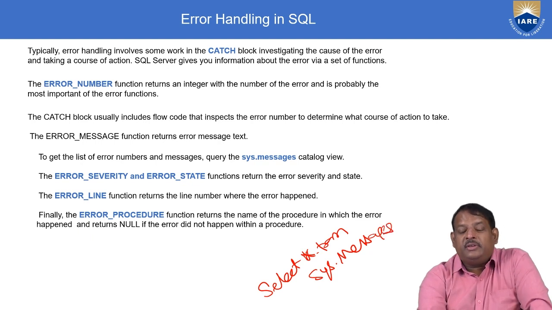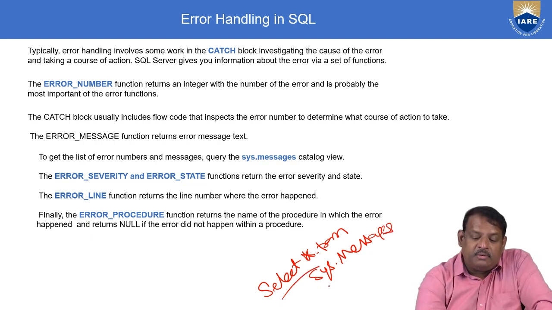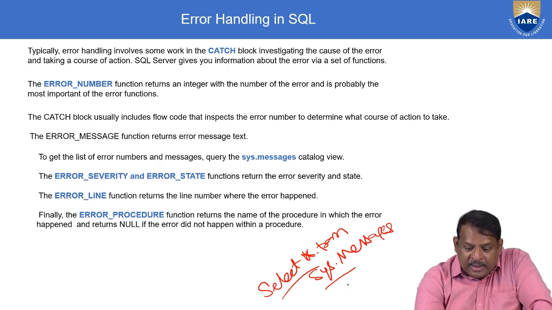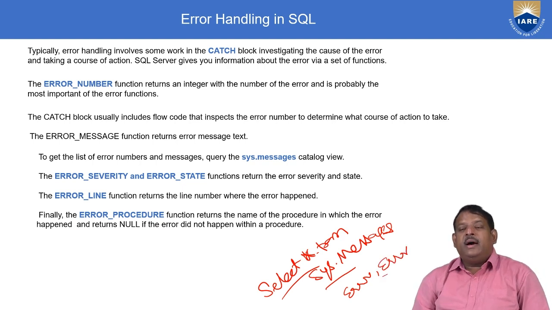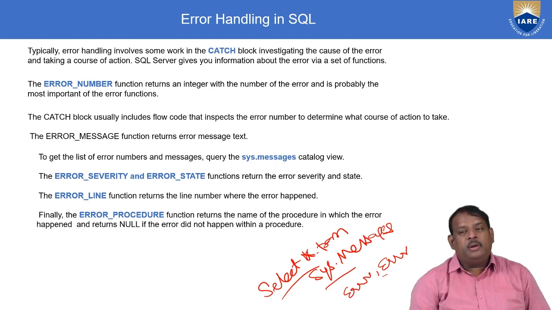If you execute this statement in your query window, you're going to get the total list of error numbers and messages. Apart from these two columns, there are some more columns available, like error severity and error state. The error severity and error state functions return the error severity and state.